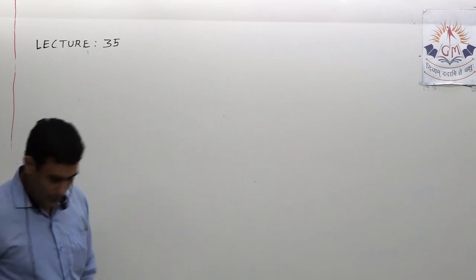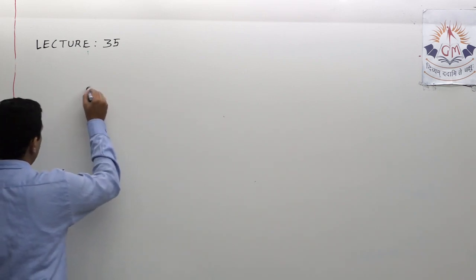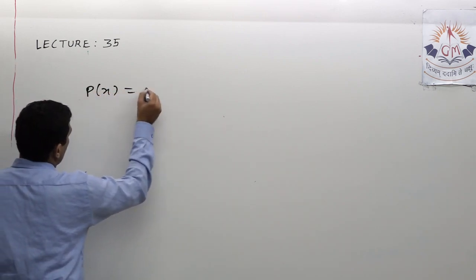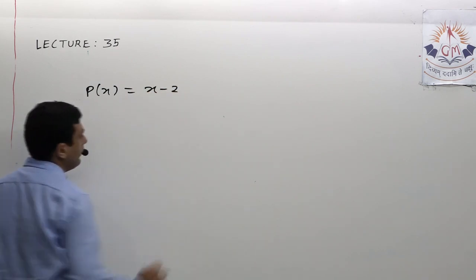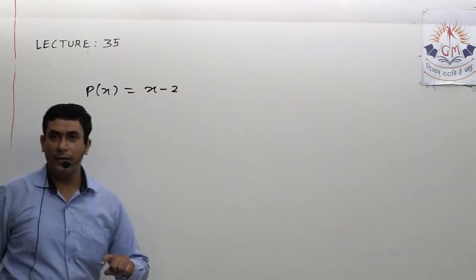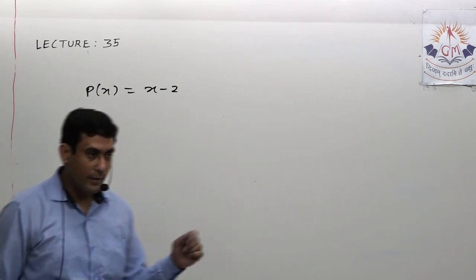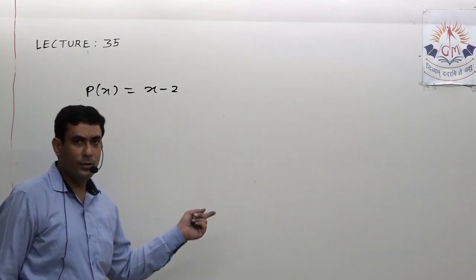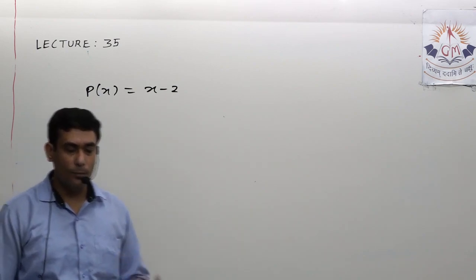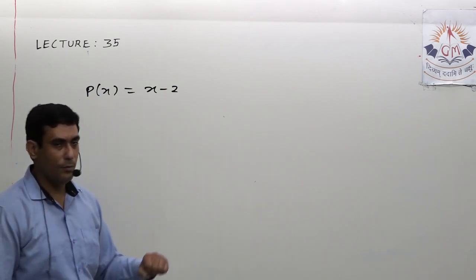Let us see. If we have P(x) equal to x minus 2, now I have to find the value of x such that the value of the polynomial becomes 0. That means I want to obtain the 0 of the polynomial.